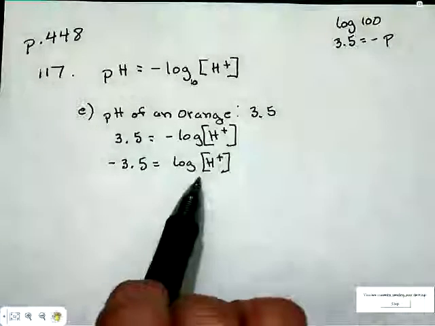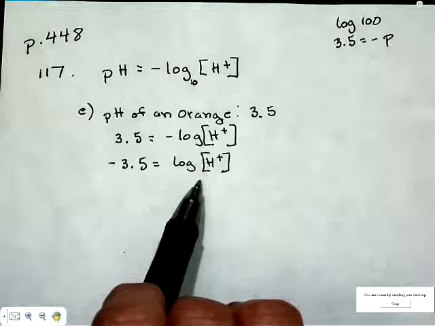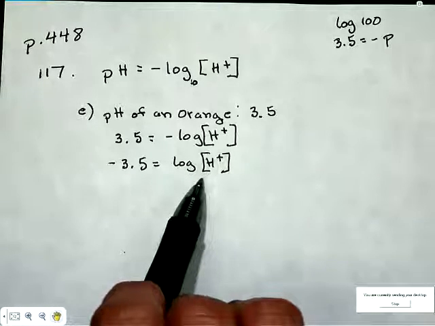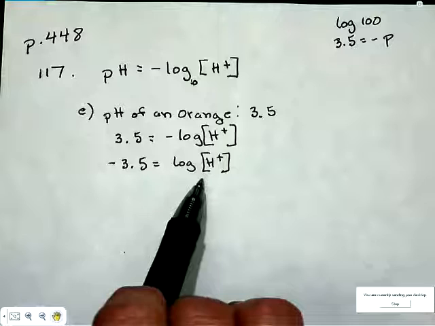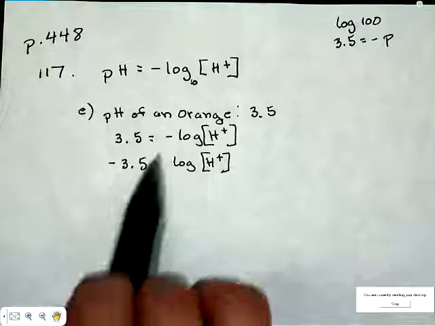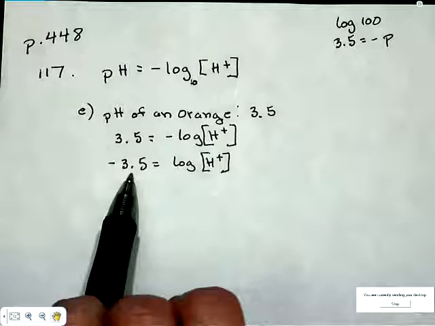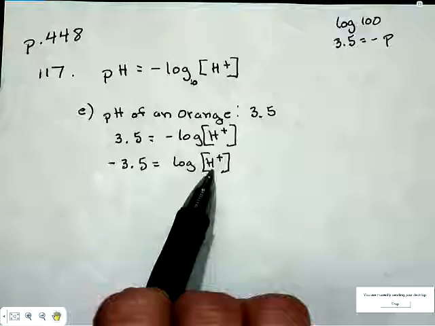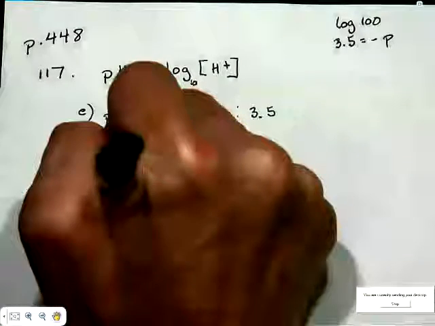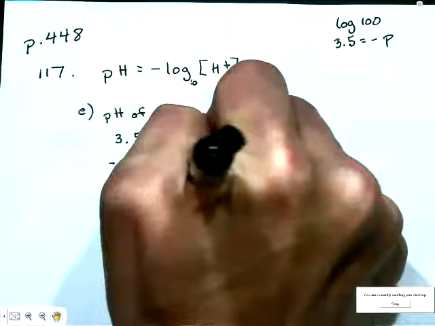So what would you have when you change that to exponential form? All right. The base is 10, the exponent's negative 3.5, and 10 to the negative 3.5 will give you the hydrogen ion concentration. So hydrogen ion concentration is 10 to the negative 3.5.